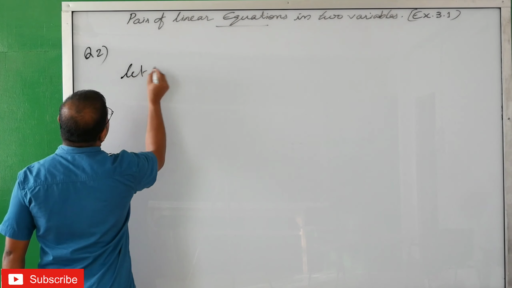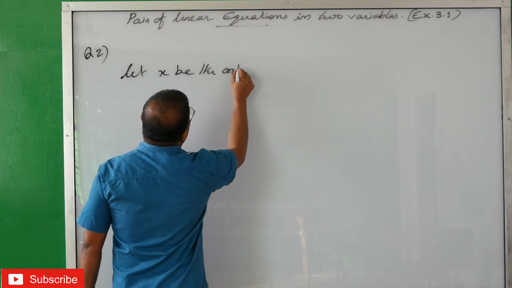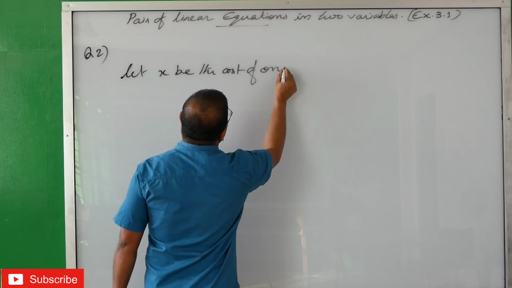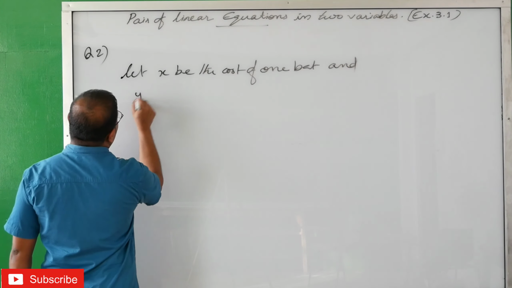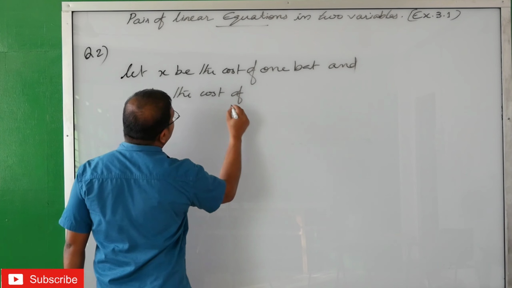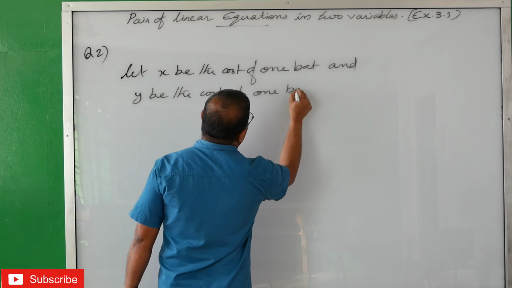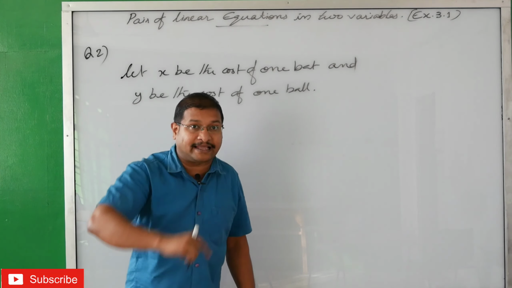Let x be the cost of one bat and y be the cost of one ball. Now what are you going to do? We are doing this one algebraically, isn't it?